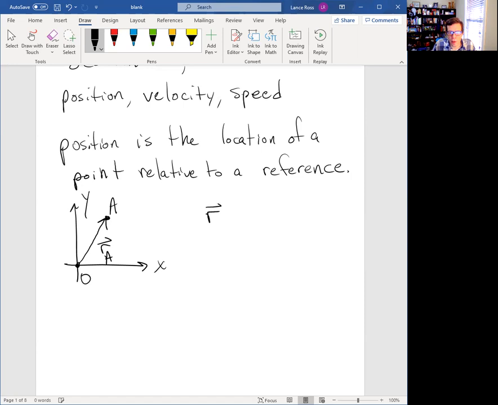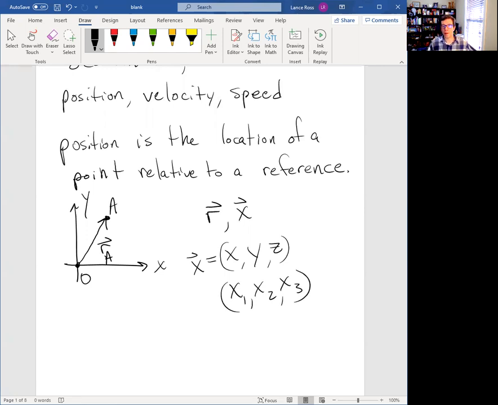So most commonly, a position vector will be R or X. Although we often use X, Y, and Z for spatial coordinates, X is also commonly used to describe a vector, and you may even see, instead of X, Y, and Z, X1, X2, X3, describing the spatial dimensions 1, 2, and 3.